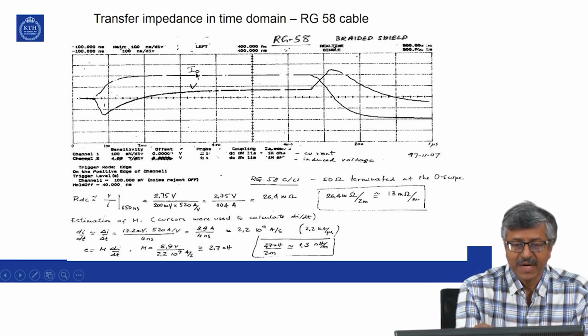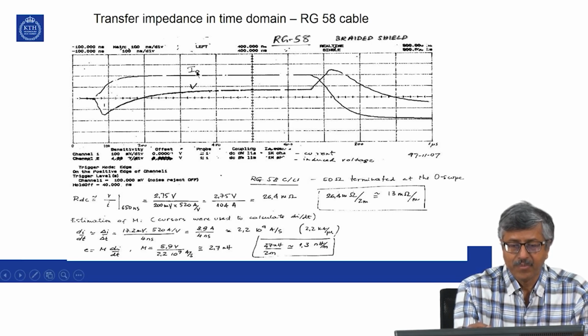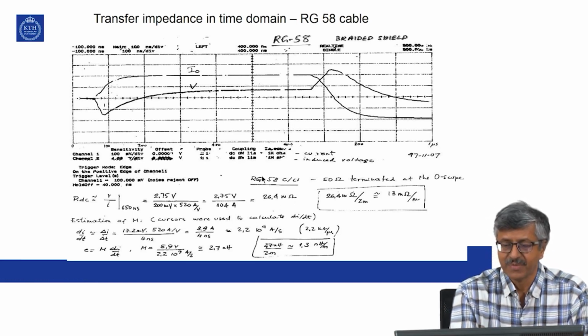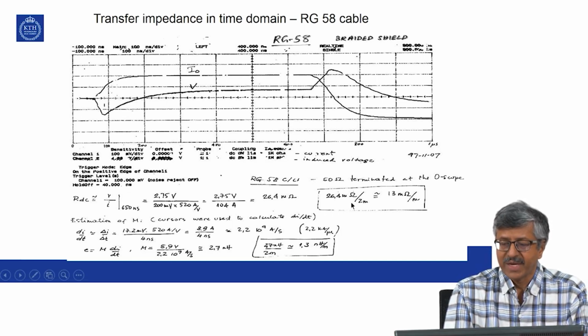The current applied is 104 amperes, and the corresponding peak, the steady voltage that you find, is around 2.75 volt. That gives 26.4 milliohm, and the tube used in this experiment was 2 meters. So, you get the DC resistance of the shielded cable as 13 milliohms per meter.